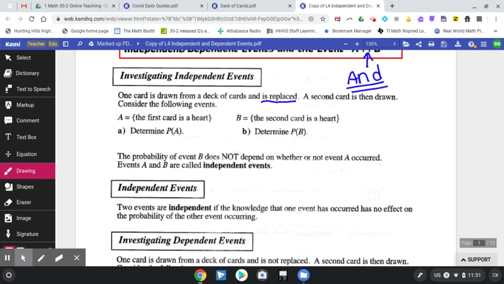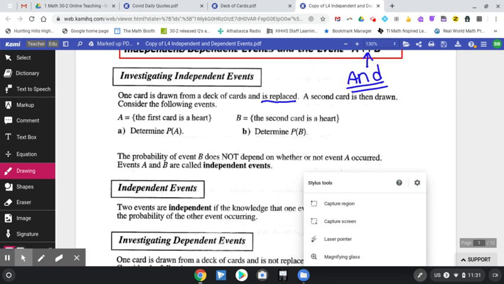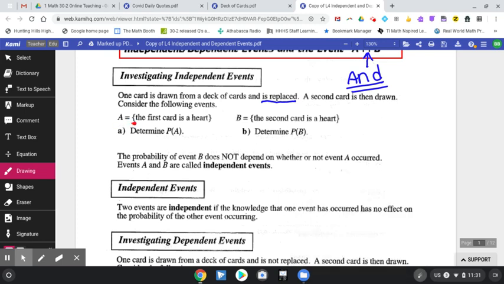All right, we've got event A, and that is the first card is a heart, and event B, the second card is a heart. So we're going to determine the probability of A, determining the probability that we draw a heart.